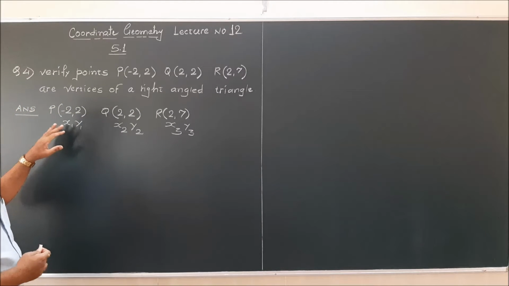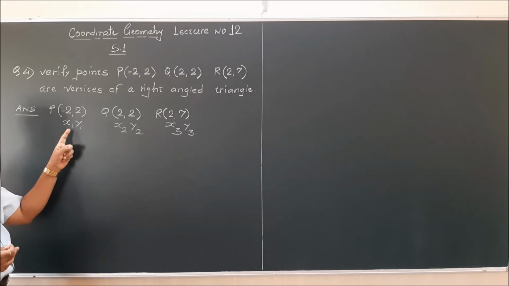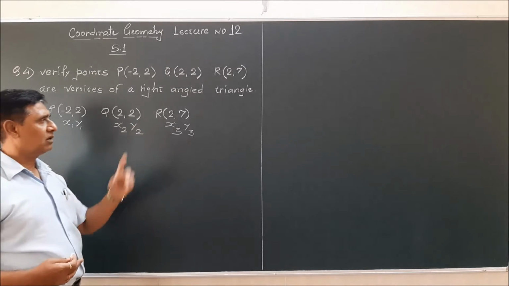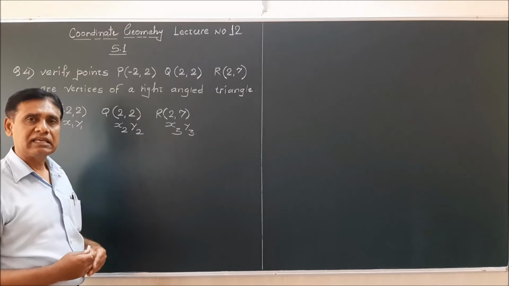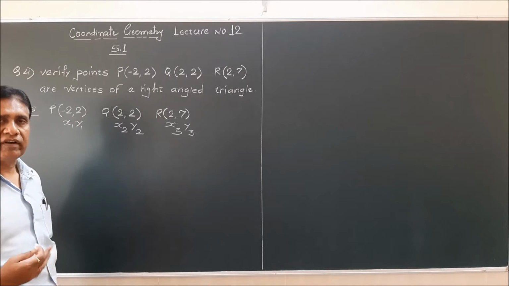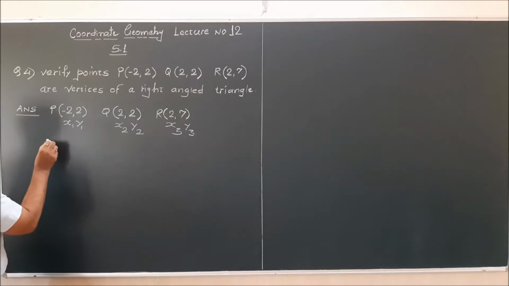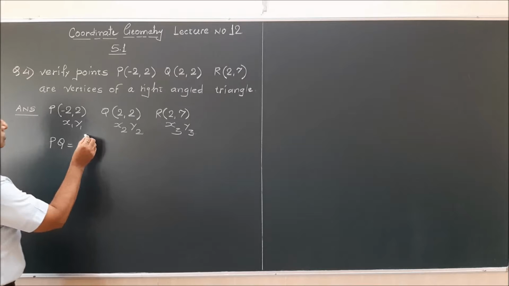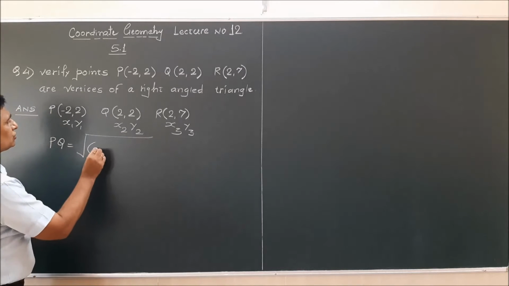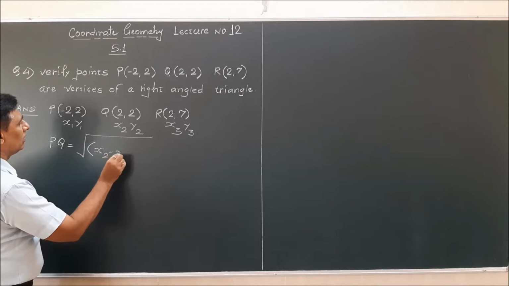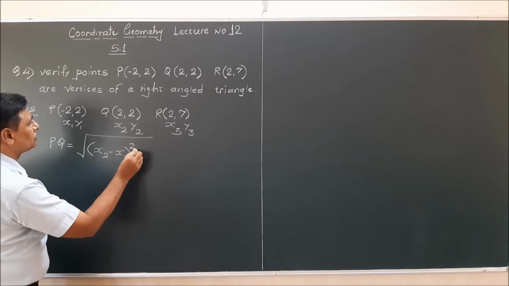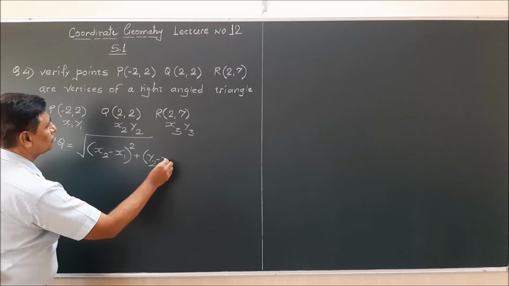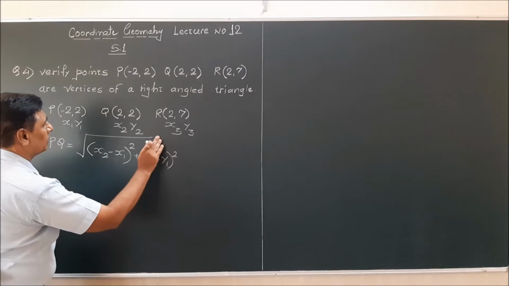I have labeled the coordinates of P as x1, y1, the coordinates of Q as x2, y2, and the coordinates of R as x3, y3. Now I am going to find the distance PQ. By the distance formula, you all know PQ is equal to the square root of (x2 minus x1) the whole square plus (y2 minus y1) the whole square.